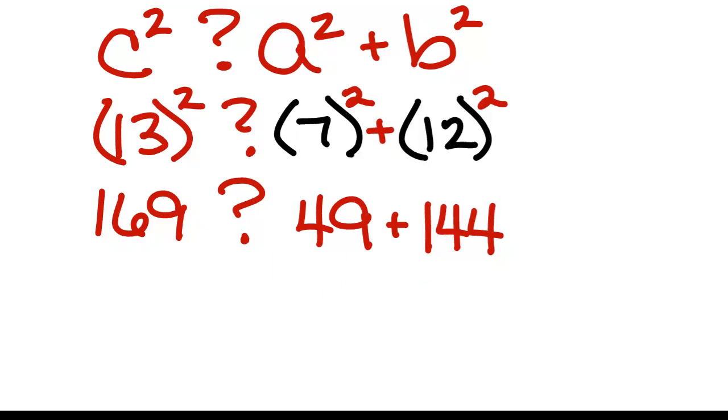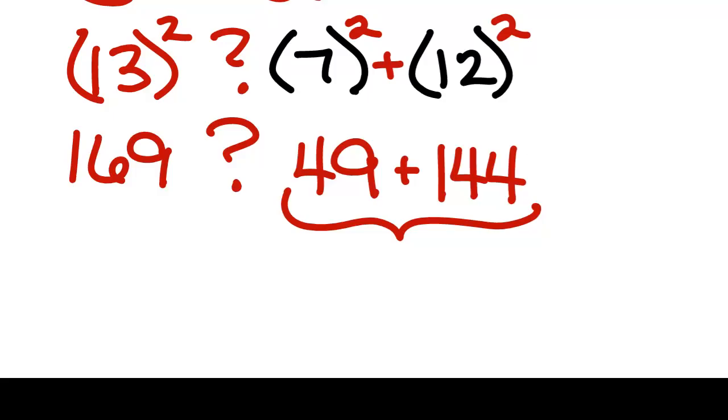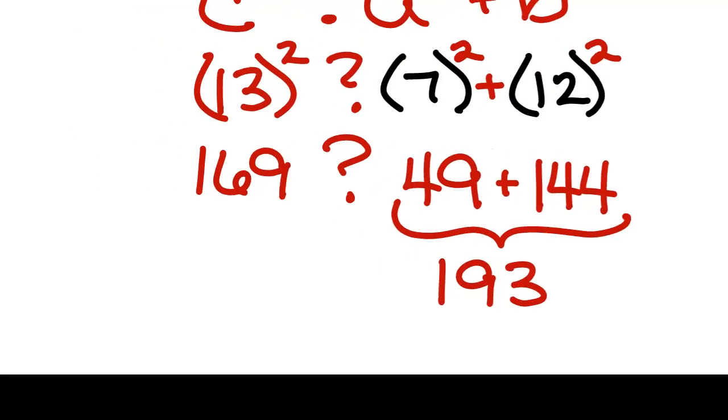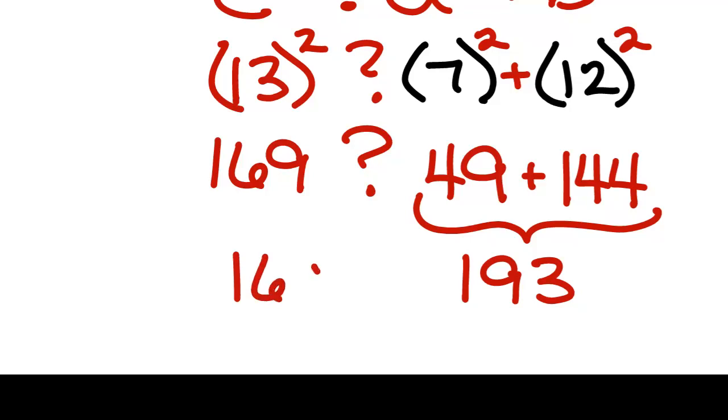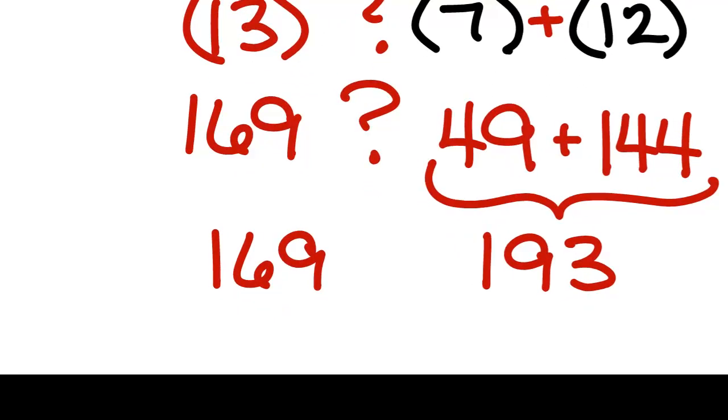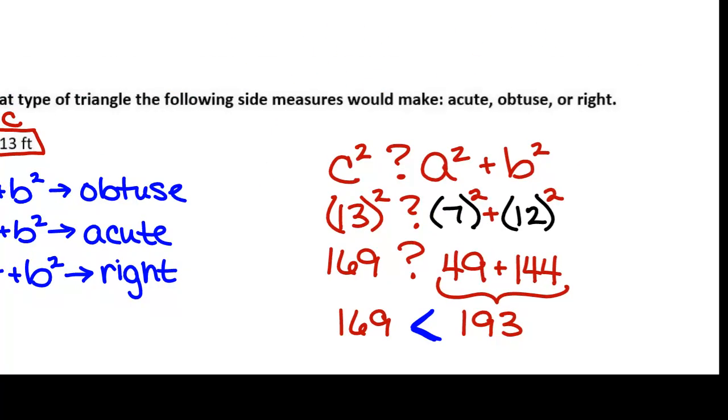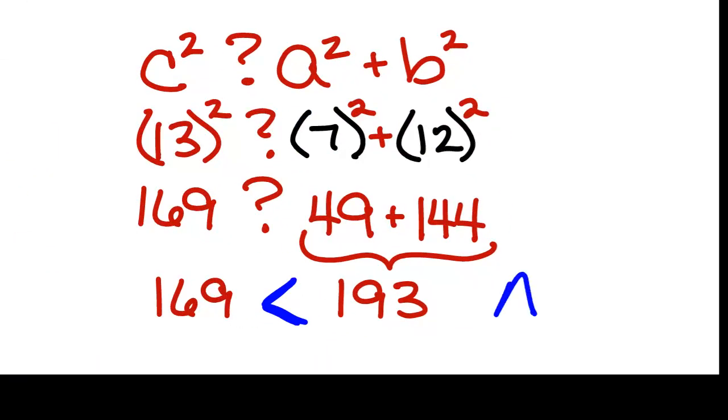So then we need to add the 49 and 144 together. What do we get when we add those together? 193. On the other side, we had 169. Which way should the inequality go? Less than. So what kind of triangle is this? Acute triangle.